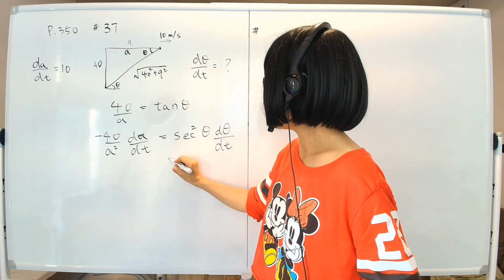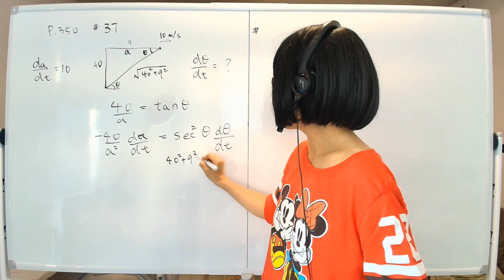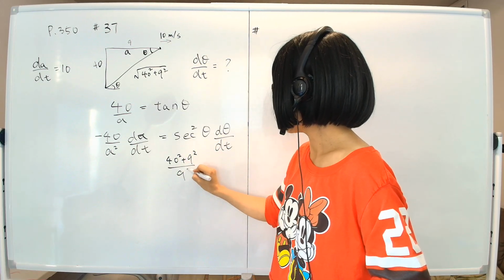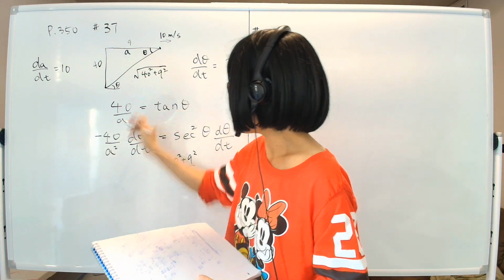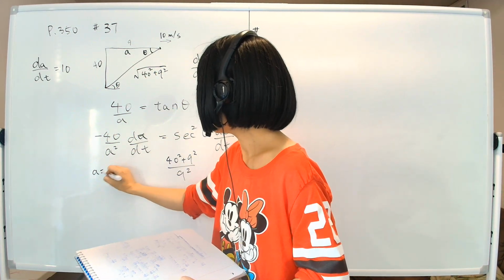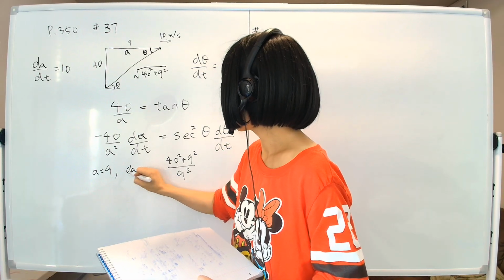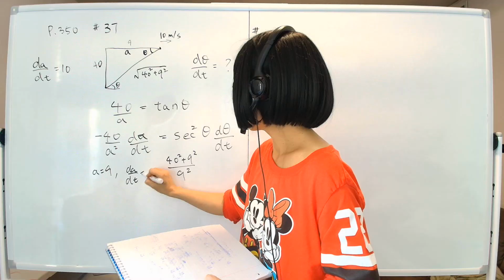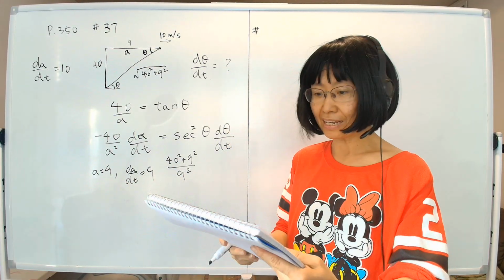So that part is 40 squared plus 9 squared, over 9 squared. That equals secant squared. And then A equals 9, and dA by dt equals 10. So once you plug in all these numbers, then you get the right answer.